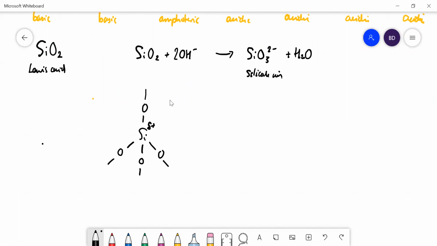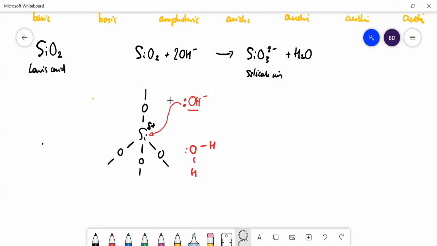But it's not a strong enough Lewis acid to react with H2O. The lone pair from water can't react with that. That doesn't happen. It's not sufficiently acidic. But OH minus is a better base, because it's actually negatively charged, not just a partial charge, and that is strong enough to react, acting as a Lewis base. The lone pair will go to the silicon. That's how the reaction starts off.